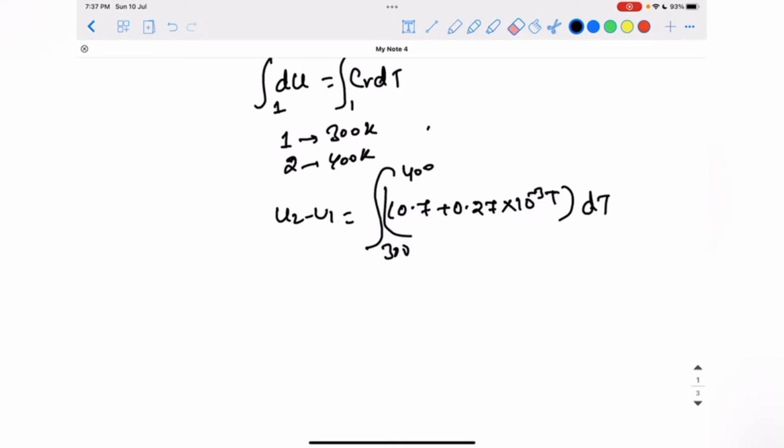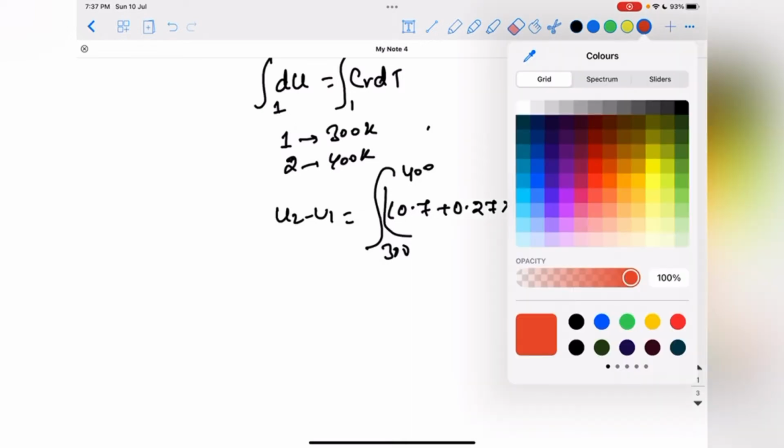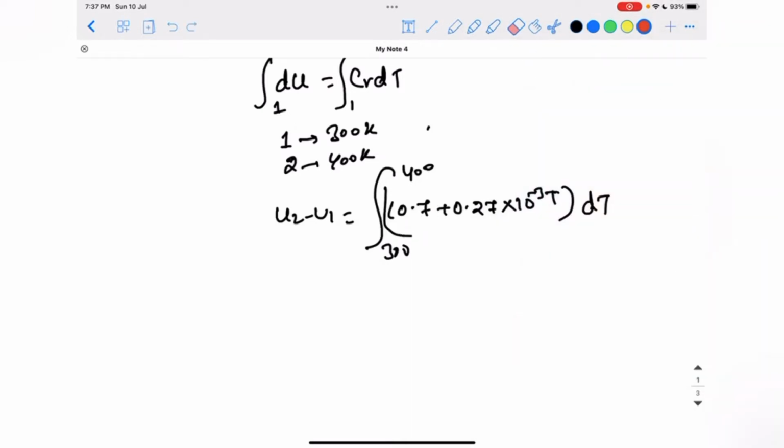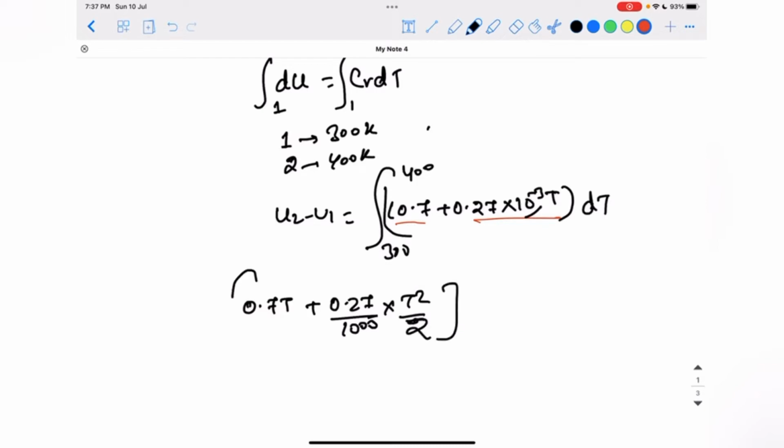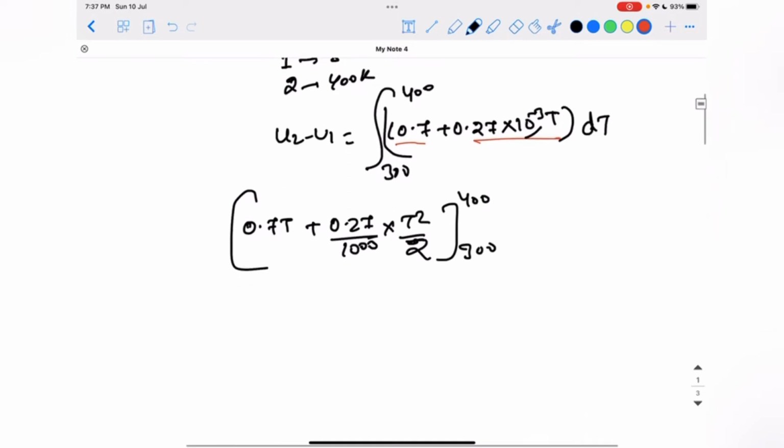So I can integrate this part, this part. It can be written as 0.7T plus 0.27 divided by 1000, taking this in the denominator, into T squared by 2, from 300 to 400. Now it's up to you whether you use a calculator.